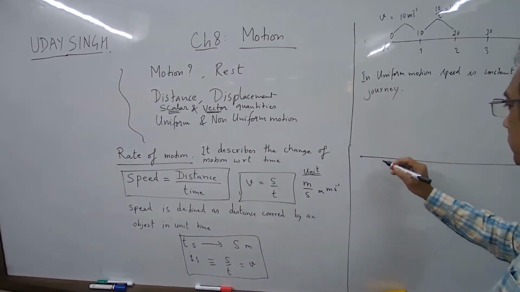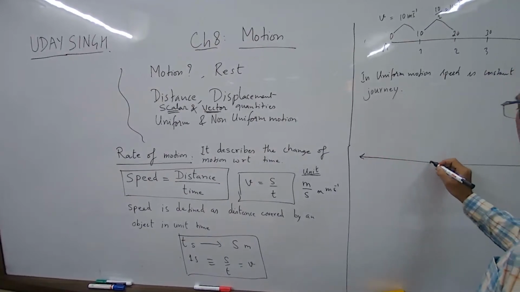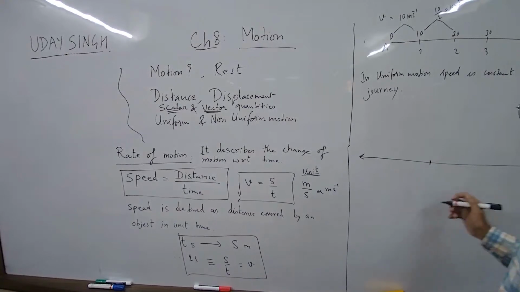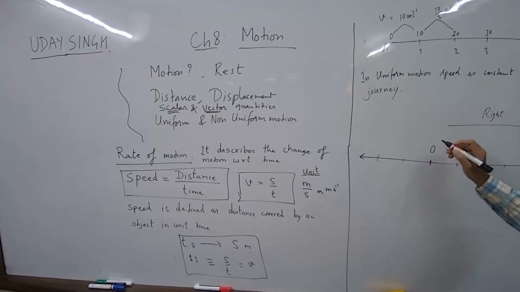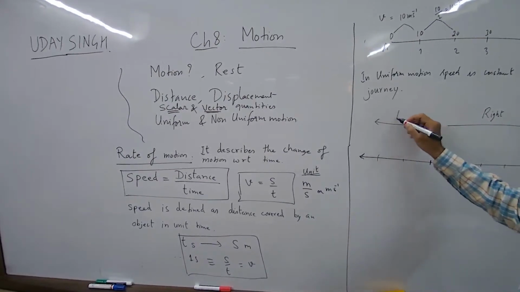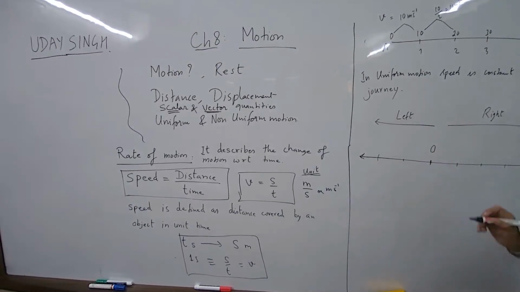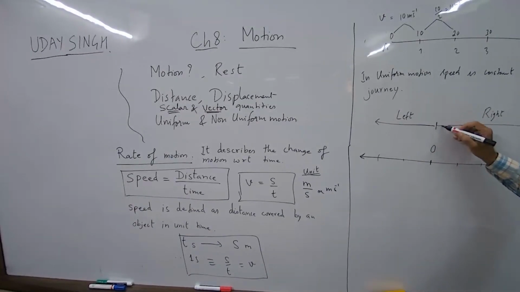Okay. Let us say this is some track. And this is the point. I'm calling this point O, from where the motion starts. This is the right of O, and this is the left of O. So these are directions. O is the reference point from where my motion will start.